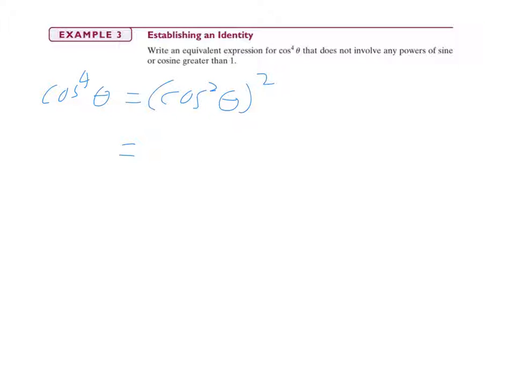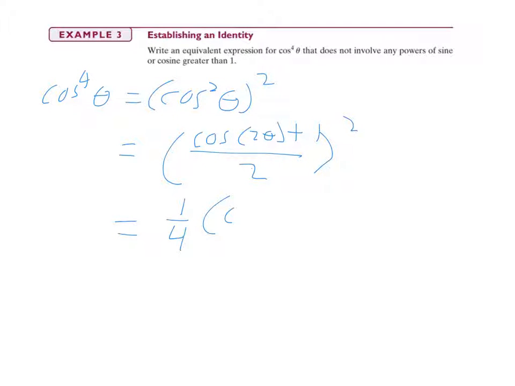What you could take is that formula for cosine squared of theta. So you'd have cosine of 2 theta plus 1 over 2, squared. Now, this 2 on the bottom is squared, so you can rewrite that as 1 to the fourth, and then cosine of 2 theta plus 1 squared.